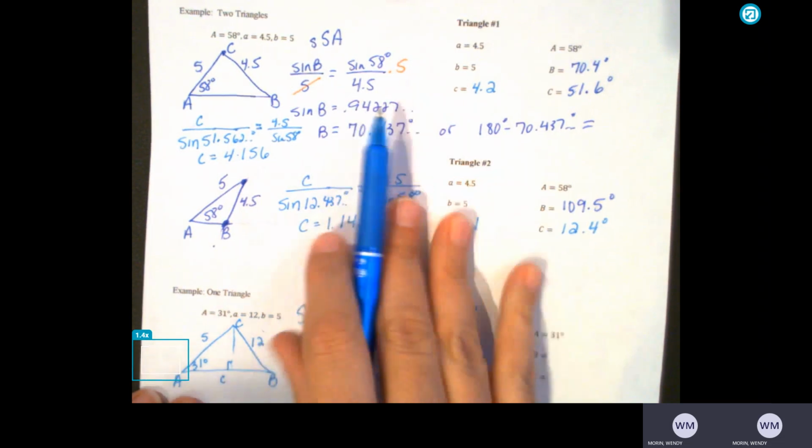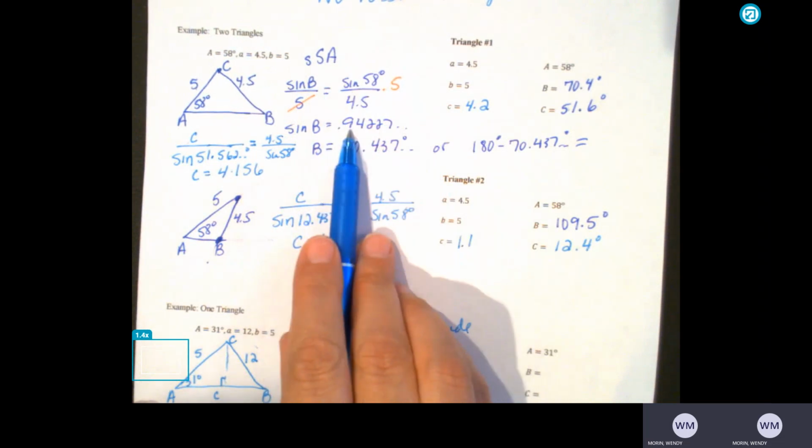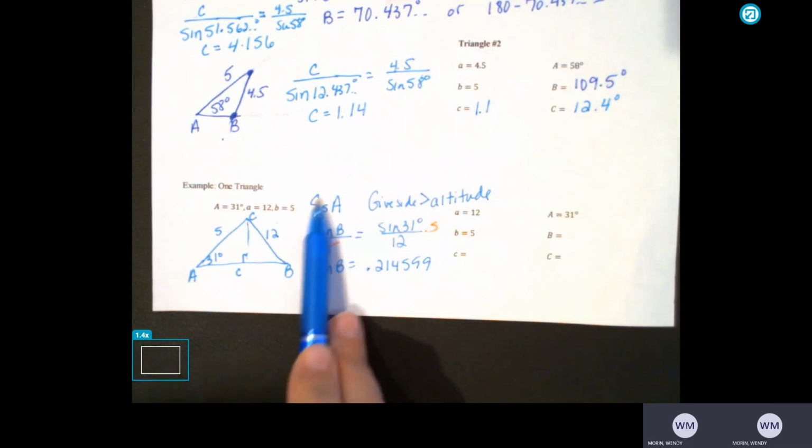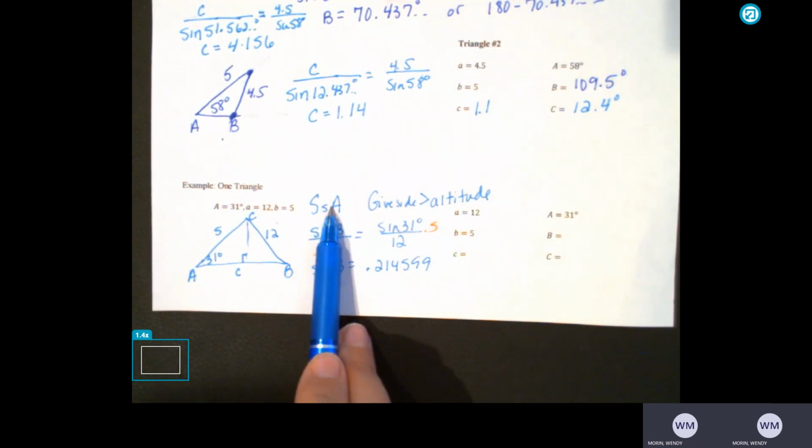Well, you have to look at the given information. Small side, big side angle with a decimal between 1 and -1 is 2 answers. But in this case, I'm telling you, you need to pay attention ahead of time that there's only one possible answer for this.